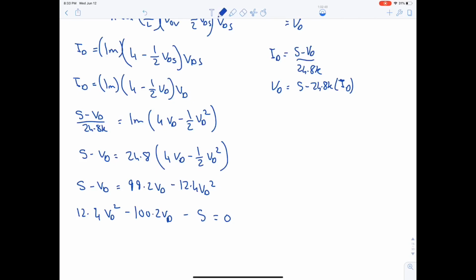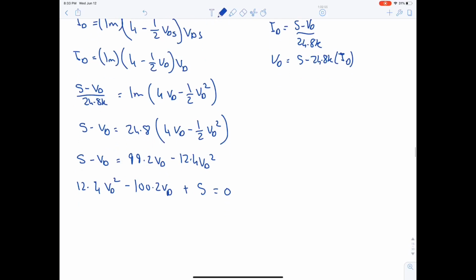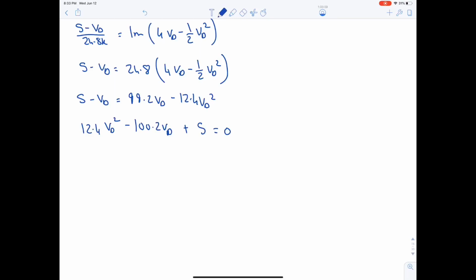Sorry, it's minus 5, right? No, it's plus 5. I'm taking everything to the other side. Okay, so now using the calculator solving quadratic equation, you will get VD equal to 8.03 and VD is equal to 0.05 volt.